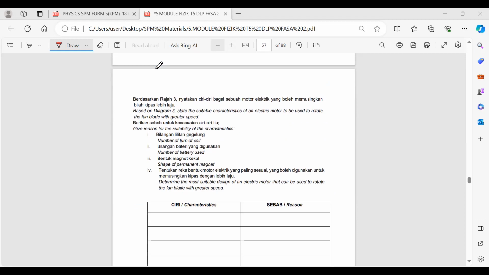So read and get an idea first. Based on the diagram, state the suitable characteristics of the electric motor to be used to rotate the fan blade with greater speed.